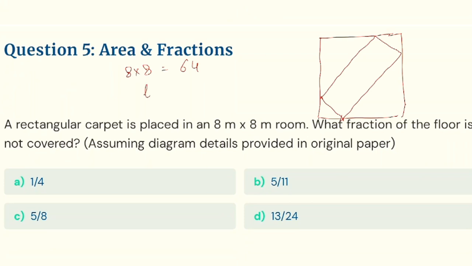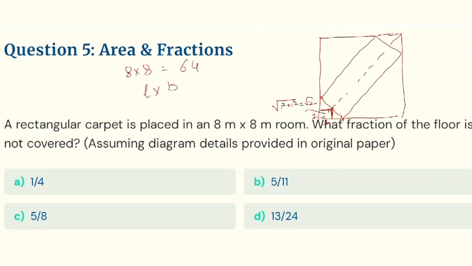Now the carpet area is length times breadth. The diagonal of the square: if this is a square of side 1, then the diagonal will be root of 1 squared plus 1 squared, which is equal to root 2.